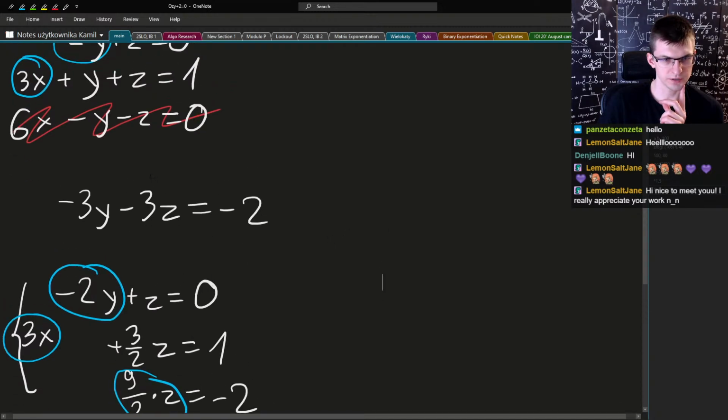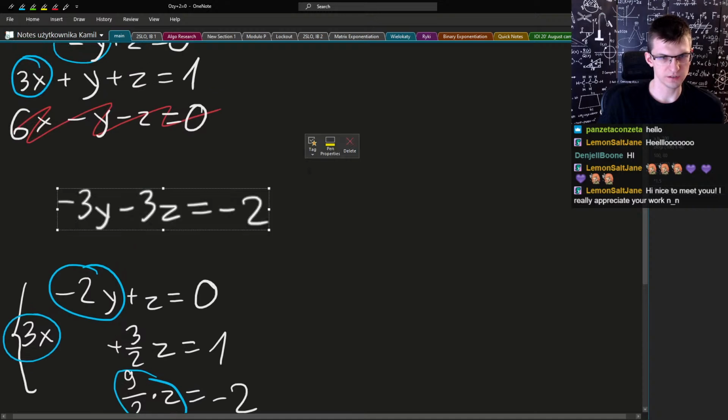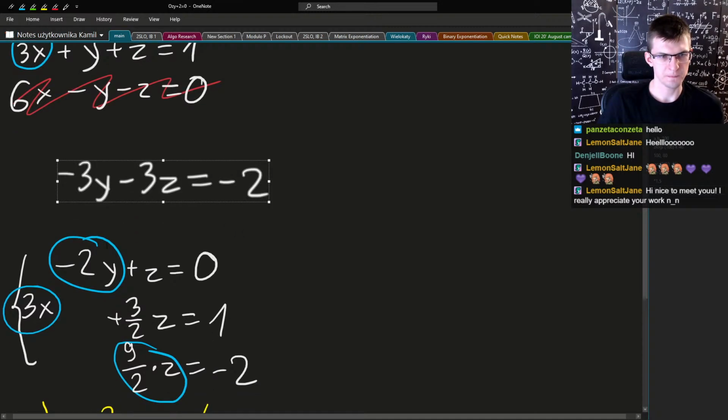The third equation is not that. What did I need to do? I needed to say, I have this, minus equal, this times 1.5. Then it's 4.5 z. Not, I don't know what I did wrong.